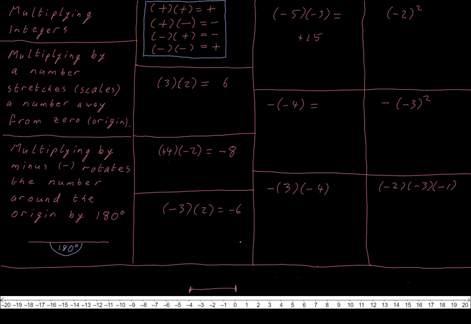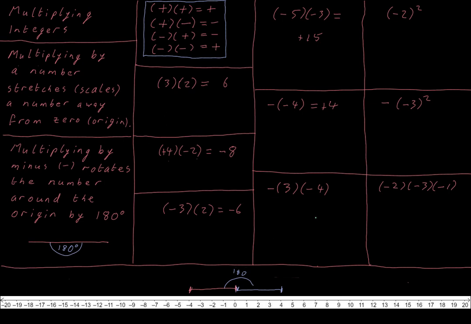And we are going to multiply by minus, so that means we rotate. So we're going to rotate around by 180 degrees, and we're going the same distance away from the origin, from 0, but we're going to have rotated through 180 degrees, and that means we end up at plus 4. And again, we can see minus multiplied by minus gave me plus.